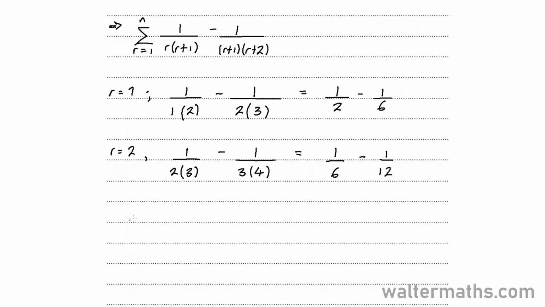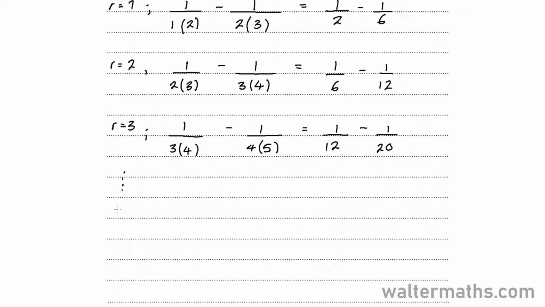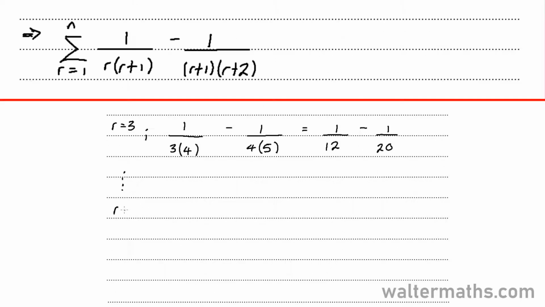So this is going to continue going. We can do r is equal to 3, and by the same pattern, it will be 1 over 3 of 4, minus 1 over 4 of 5, which is 1 over 12 minus 1 over 20. We can continue all the way up to the second from last term, which is r is equal to n minus 1.